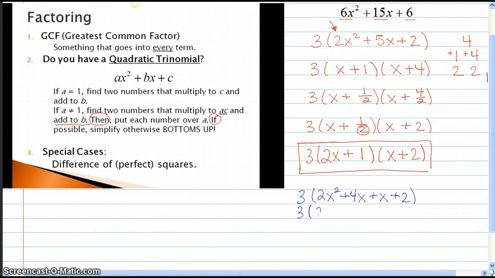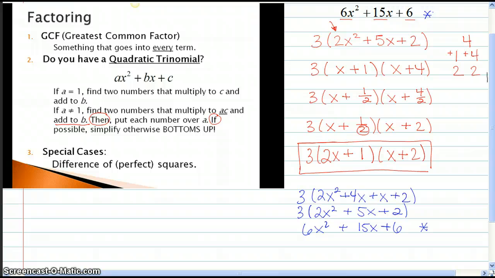So I have 3 times 2x squared plus 5x plus 2, and then if I distribute, I have 6x squared plus 15x plus 6. Since this matches my original question, I know that I have factored completely.